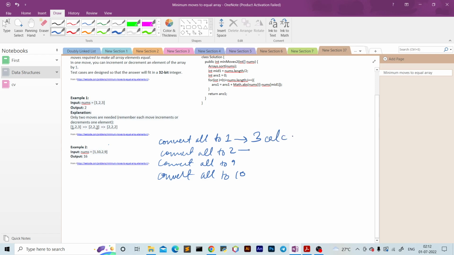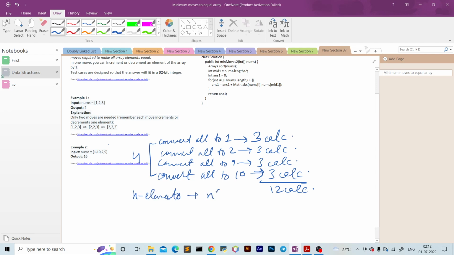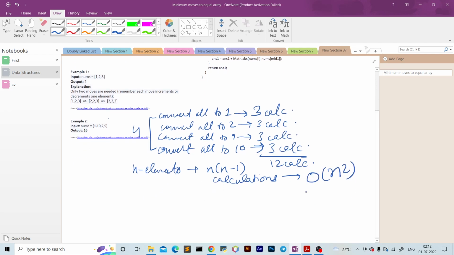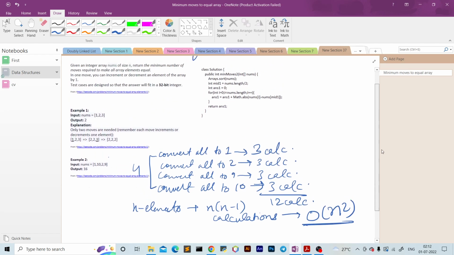In total we require 12 calculations, and in general if we have n elements, here we had 4 elements, we would require n times n minus 1 calculations, which means it would be order of n square complexity, and so this is not an optimal approach.